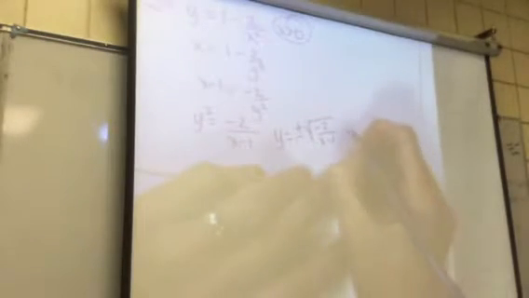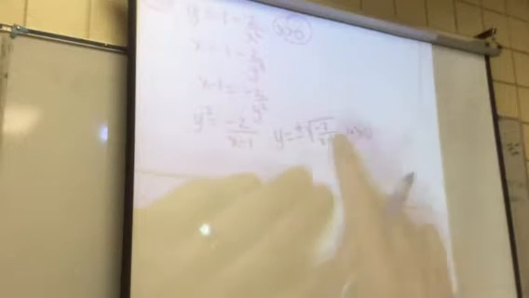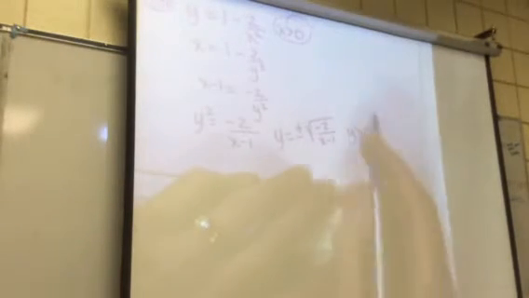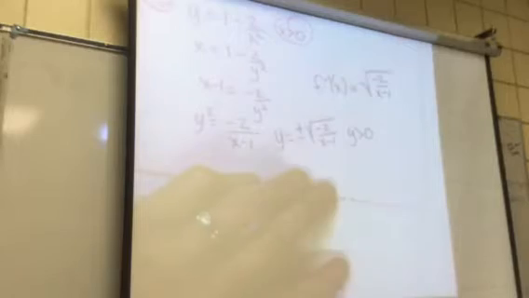That becomes my range. So over here, I've got to make sure that my y's are greater than 0. So where would we end up with y's that are greater than 0 if we use the positive radical or the negative radical? The positive radical would give me y's that are greater than 0. So the inverse for this would be positive square root of -2 over x minus 1.